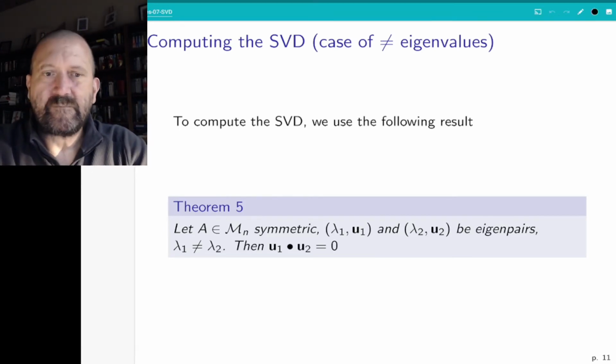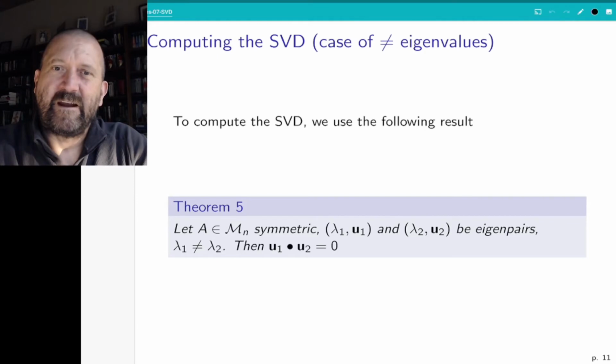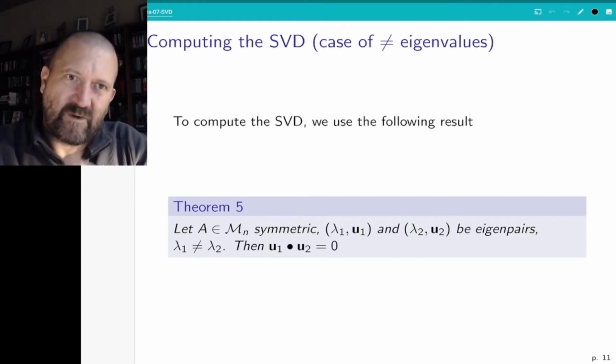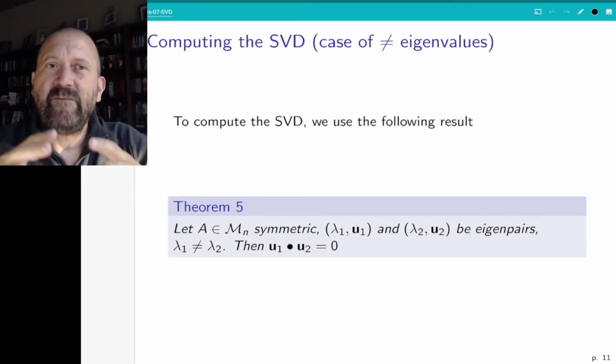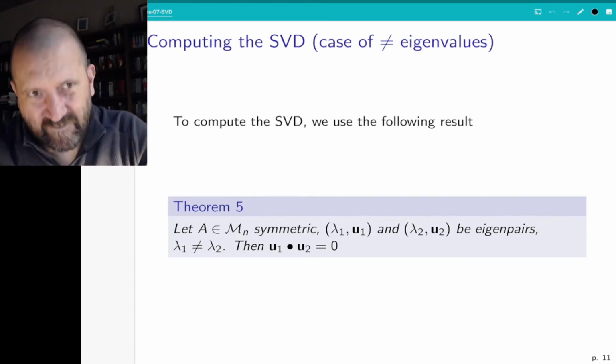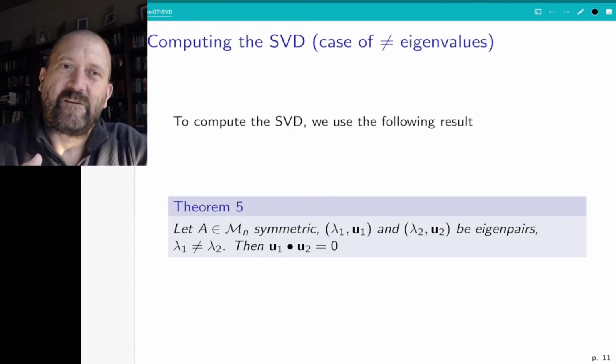The first thing to know is that there are going to be two cases. If your matrix A transpose A has all its eigenvalues distinct, then it's going to be quite easy. If some of the eigenvalues are repeated, and as a consequence the singular values, then it's a little bit more complicated.